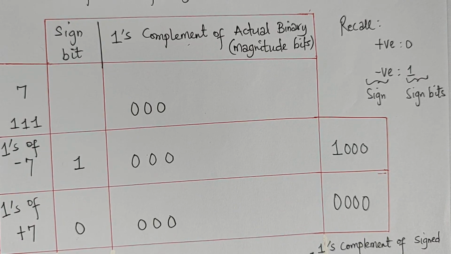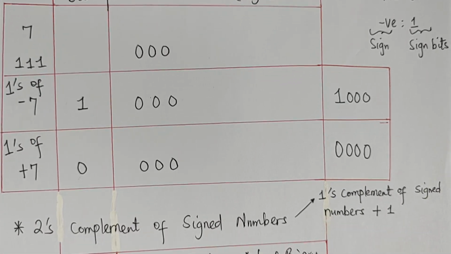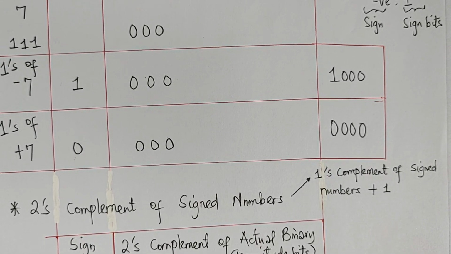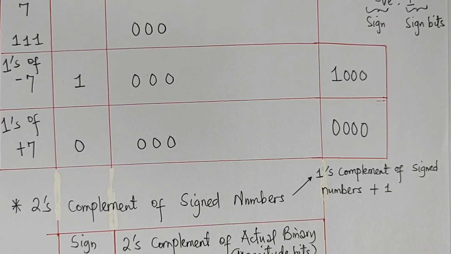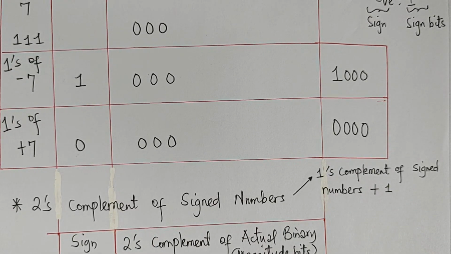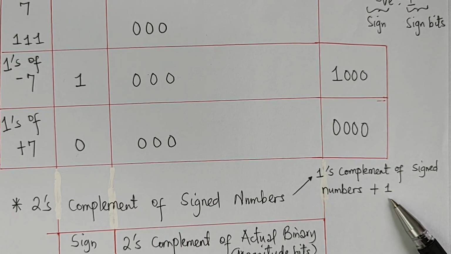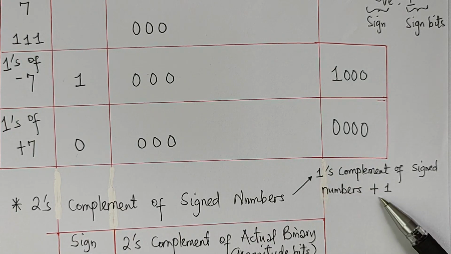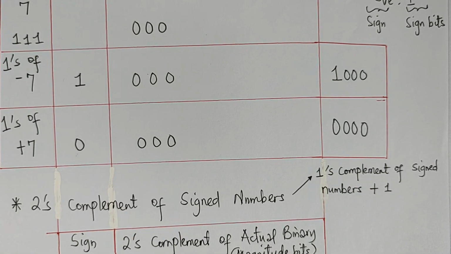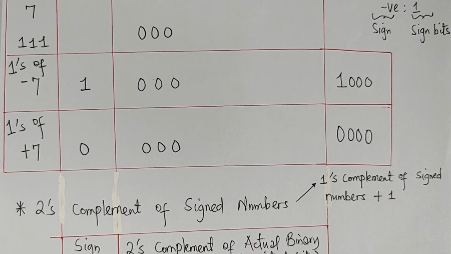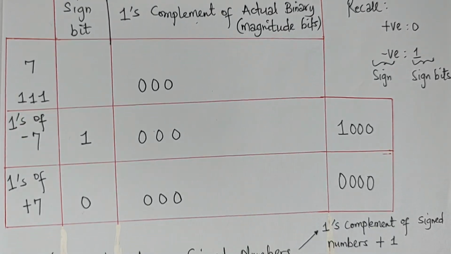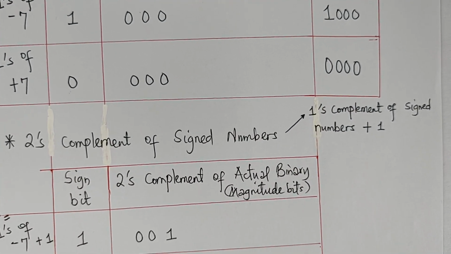So I'll proceed to the second complement of sign numbers. Now, the rule of the second complement is just a summation of the first complement and 1. What does that mean? It means whatever we have in our first complement, we just add 1 to it. Now, from what we have gotten from the first complement, we are going to put that for the second complement by adding 1.